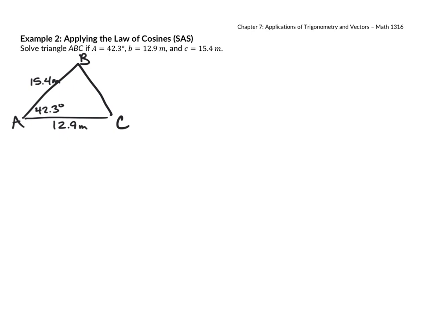Do y'all see that? So I know that I'm going to use a squared equals b squared plus c squared minus twice bc times the cosine of A. Whatever side you're looking for is the angle you have. The other letters are the other letters.